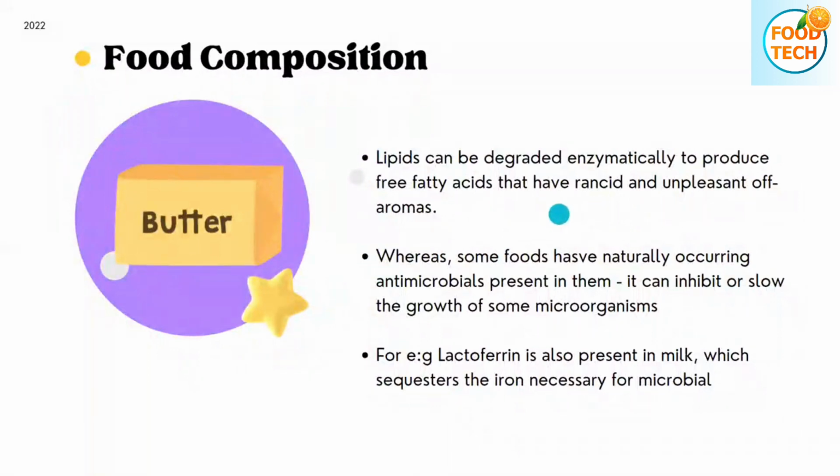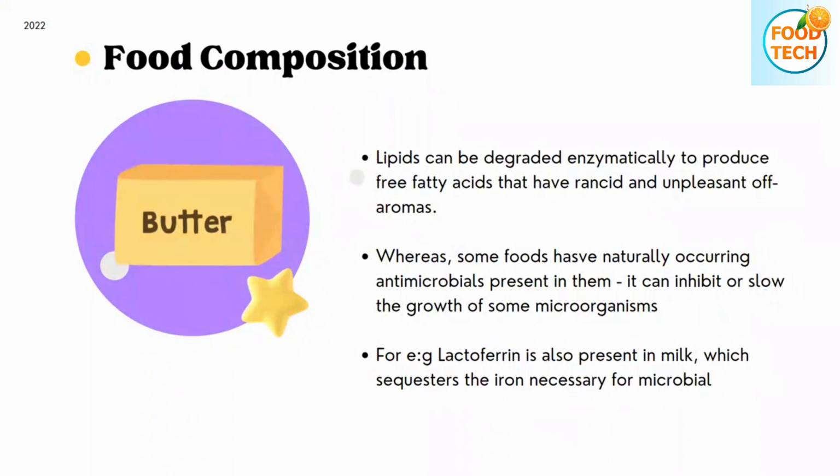Food becomes rancid, it gives an unpleasant odor, whereas some foods have naturally occurring protection. As we read about anti-nutritional factors, similarly certain foods have antimicrobial properties present in them to protect themselves from microbial attack.